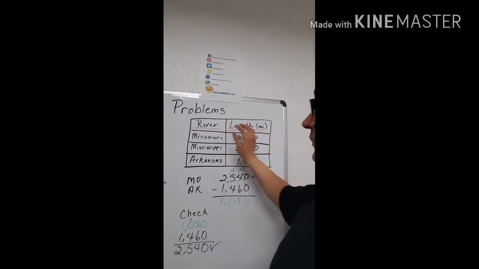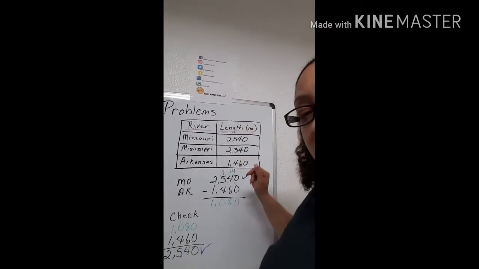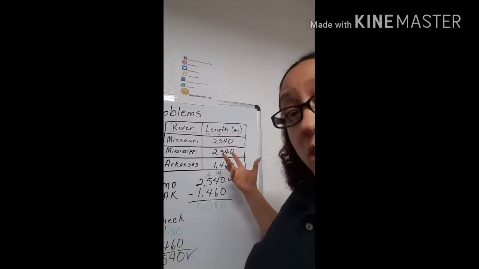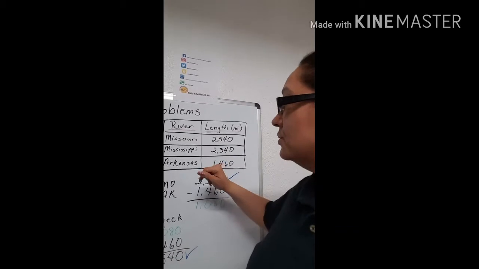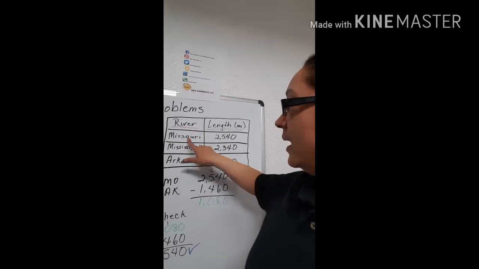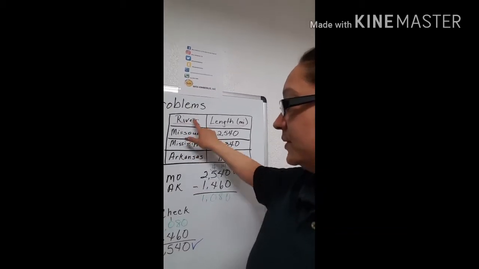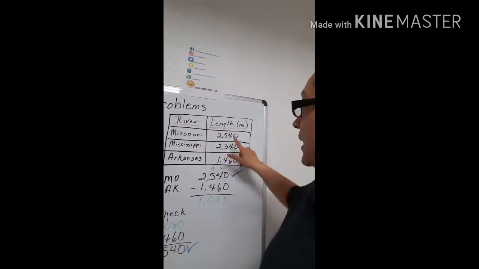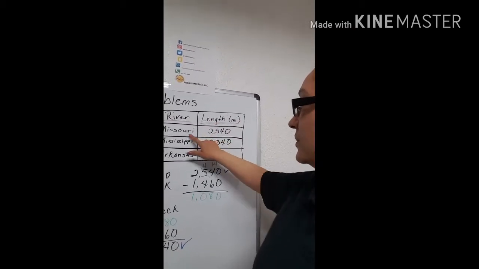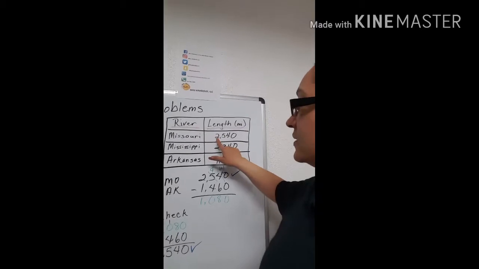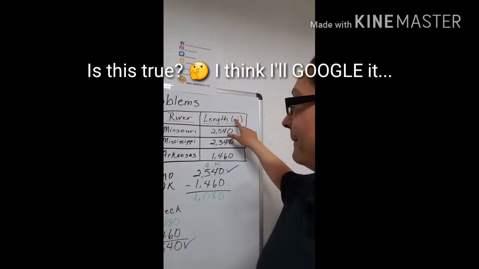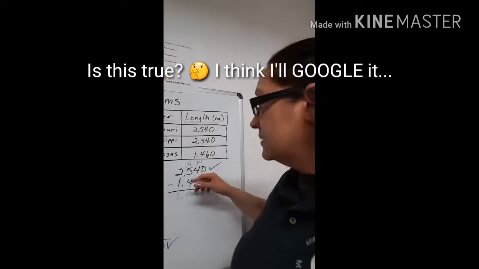The top row usually tells you what they want you to know. It's the general category. So river: Missouri River, Mississippi River, Arkansas River. The length in miles. So the Missouri River is 2,540 miles. That's how long it is.